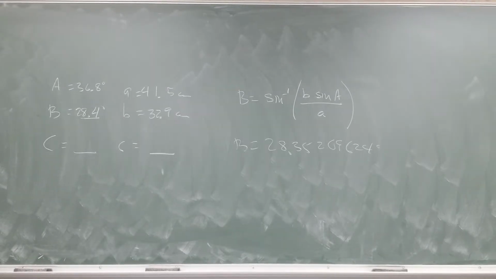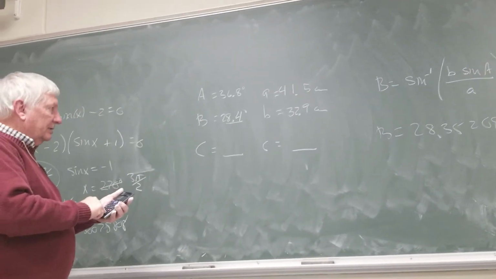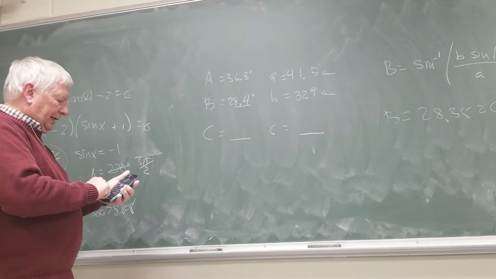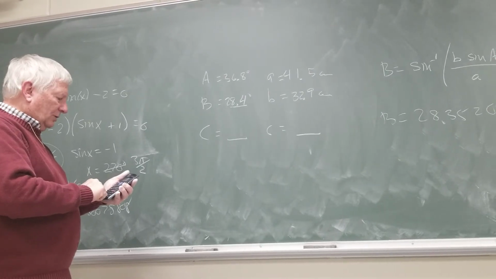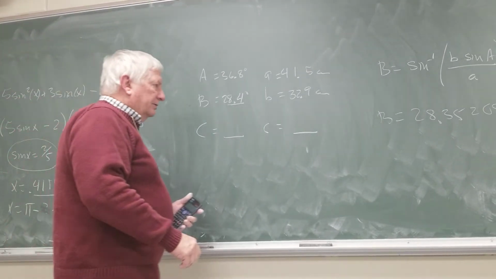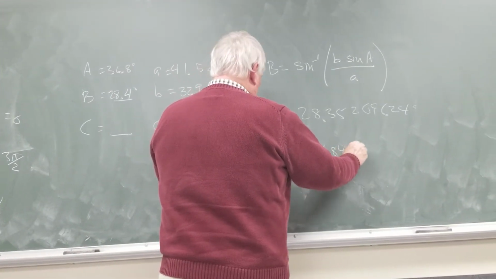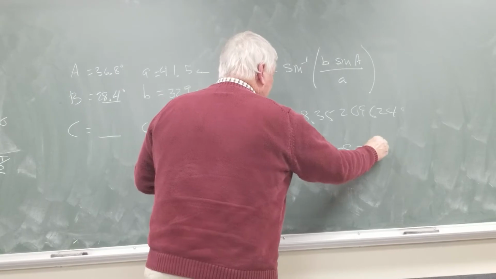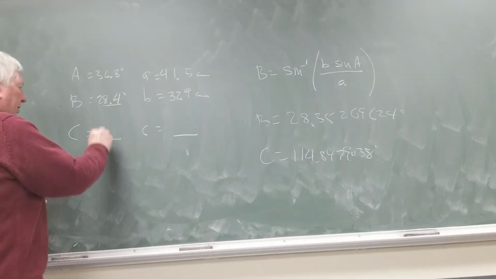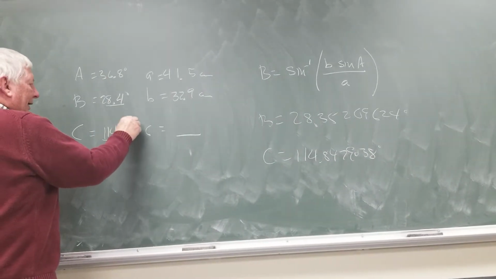Then by subtraction, 180, subtract 36.8, subtract the answer I just got, and it says angle C is 114.8479038, which we record as 114.8 degrees.